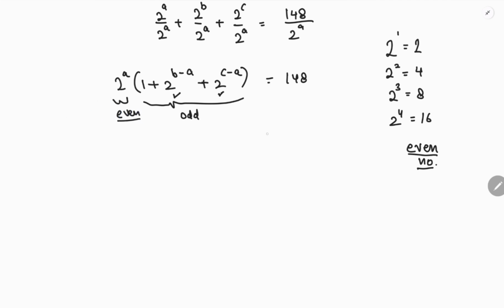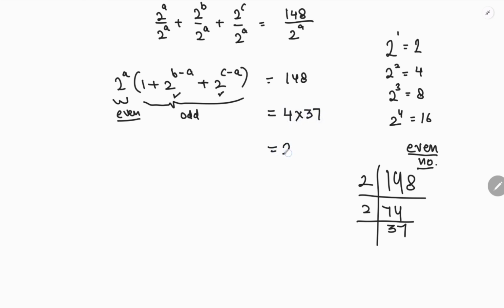So how can I write 148 now? 148, if I factorize it, this is equal to what? 4 times 37, right? 4 times 37, that is 2 raised to power 2 times 37, that is even times odd.